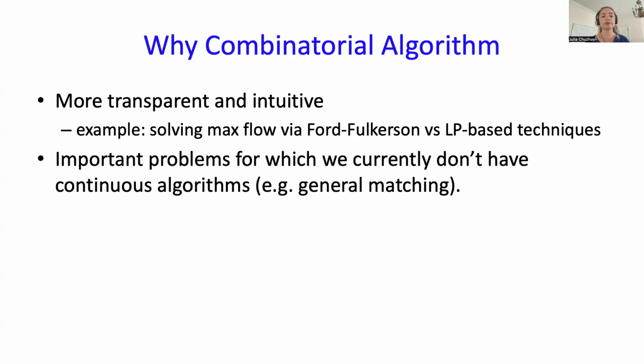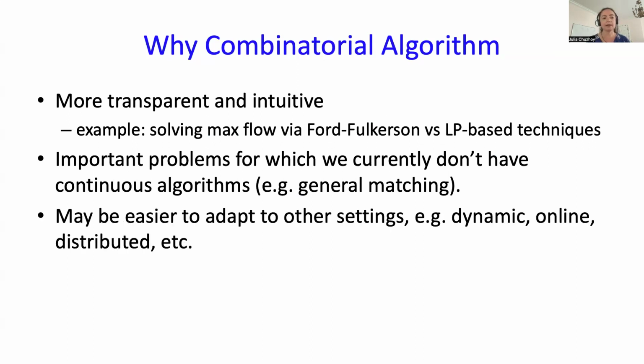So to make progress on this problem, it feels like we should get stronger combinatorial techniques. And lastly, algorithms for max flow and matching are really important, and they need to be used in all kinds of settings, such as dynamic, online, distributed, and so on. And it is often the case that combinatorial techniques can be adapted naturally to these settings. And sometimes it's not the case with continuous techniques.